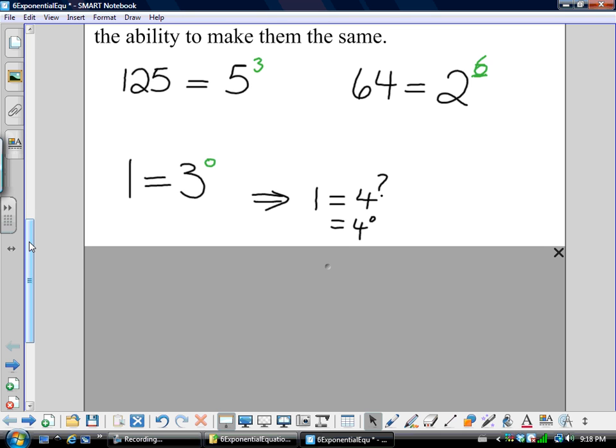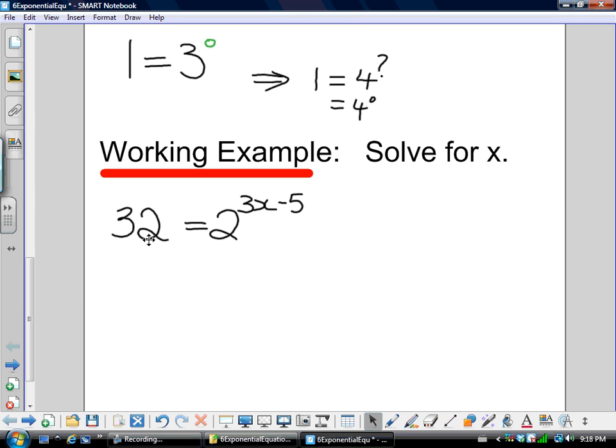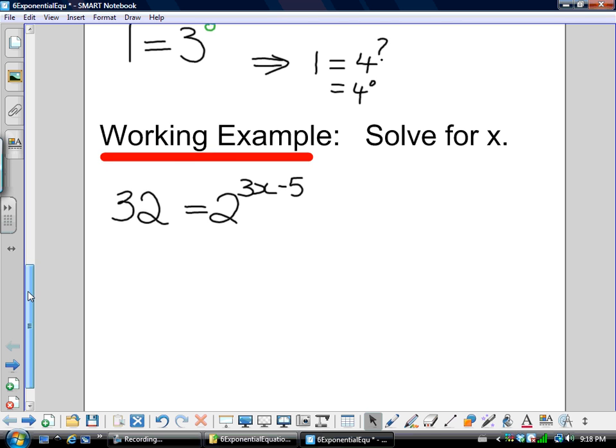So that's pretty good. Okay, so let's look at an actual question where I have to change the base. So this is going to be my working example. And I'm starting with 32 equals 2 to the power 3x minus 5. Now you can see that my bases are not equal. So remember, our statement was if the bases are equal.